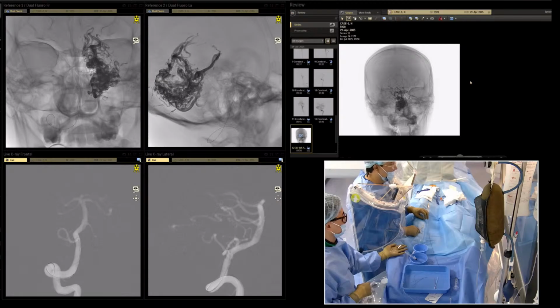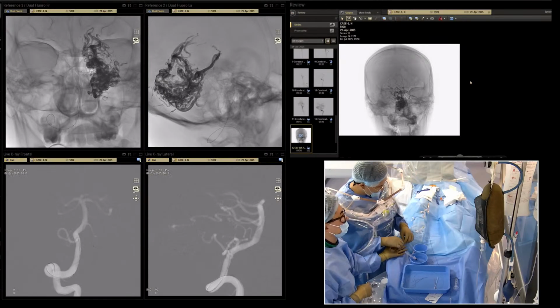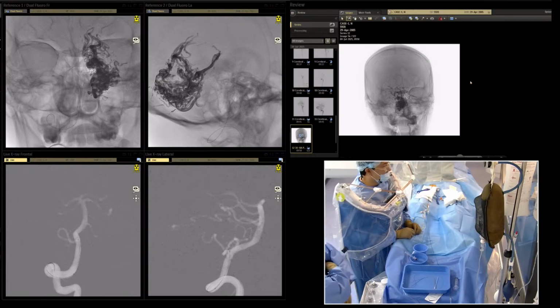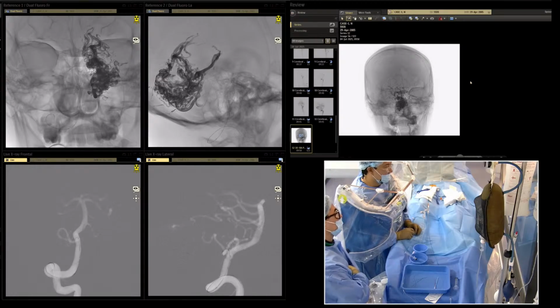It could be an operation, it could be other types of interventions, to be sure that you are ready for any unexpected things.